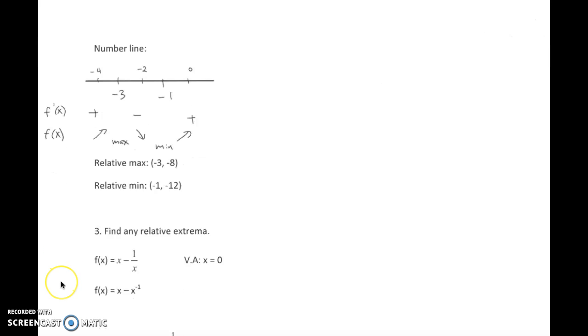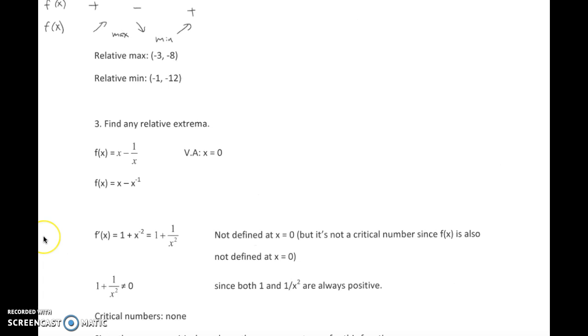Right, so now let's look at number 3. We want to find any relative extrema for f of x equals x minus 1 over x. It's important to note that we have a vertical asymptote at x equals 0 because of the x in the denominator. If we rewrite our function, we end up with x minus x to the -1 power.